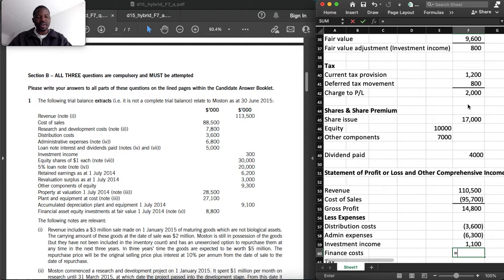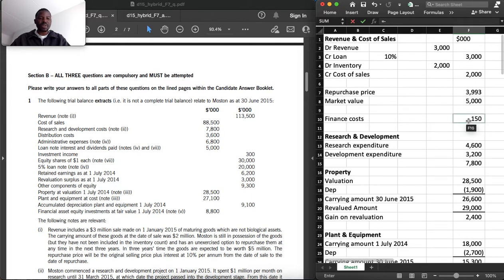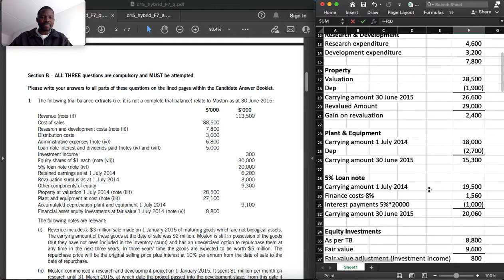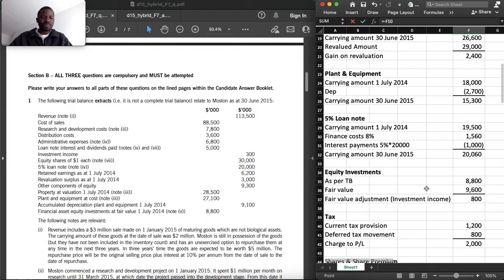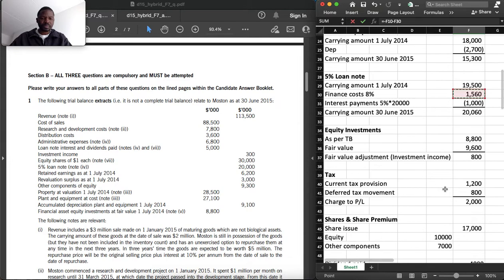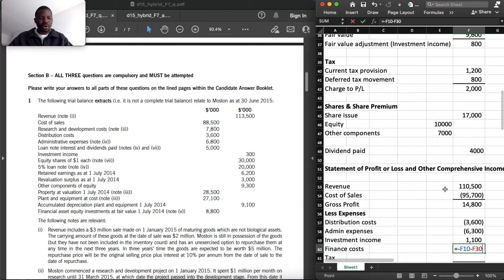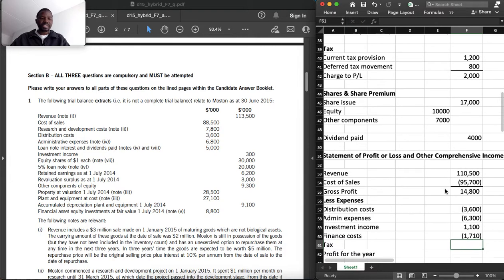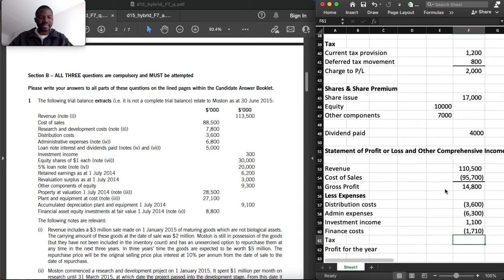Then we have our finance cost. Our finance cost will start with our loan interest on that sales, which we said the loan is for 3,000. Then again, we need to have our finance cost on the loan note and nothing more. Then we have our tax.